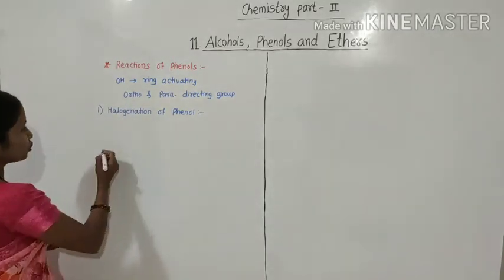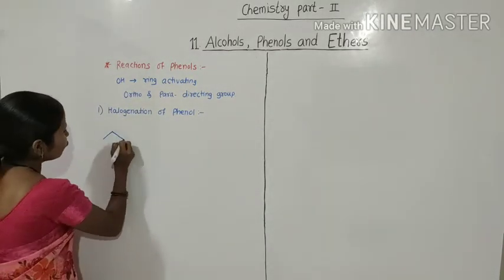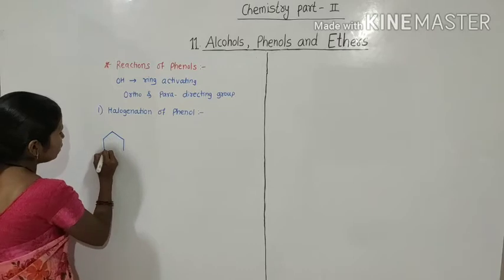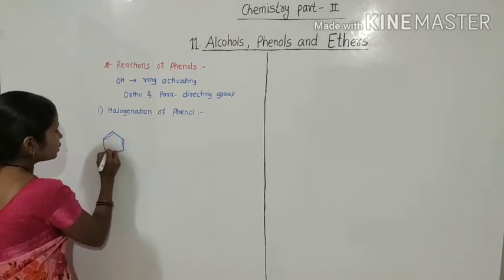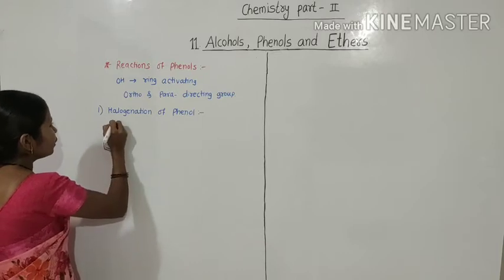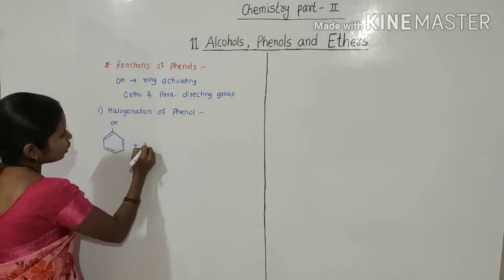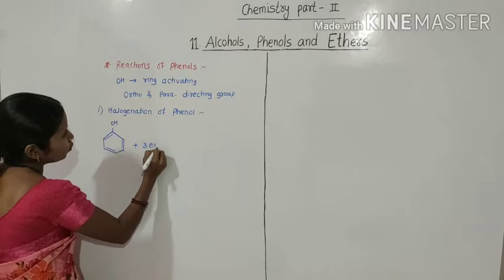Let's see the reaction. Here phenol, see the structure of phenol. This is reacting with 3Br2.